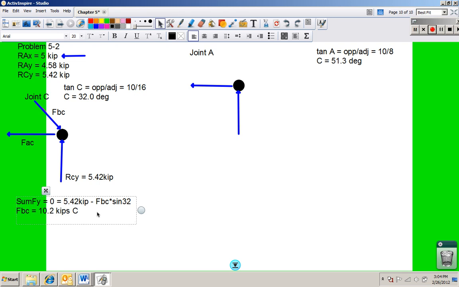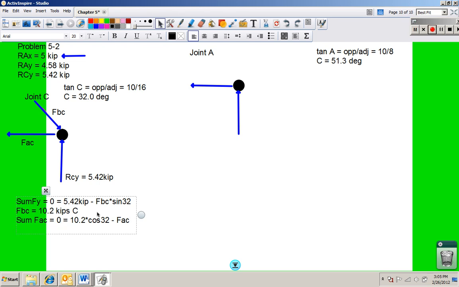Now we can do sum of forces X to get AC. That's also equal to 0, which is going to be 10.2 kips times cosine of 32 degrees minus FAC.